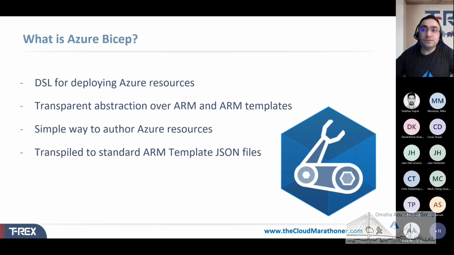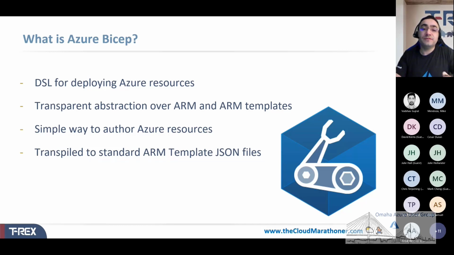Now let's look into what Azure Bicep is very quickly. Some of you might already know that because of sessions that you may have attended here or there. But generally speaking, Bicep is a DSL, a domain specific language, to create Azure resources and to maintain them. And as you may know, it's a transparent abstraction over ARM templates, which stands for Azure Resource Manager templates.